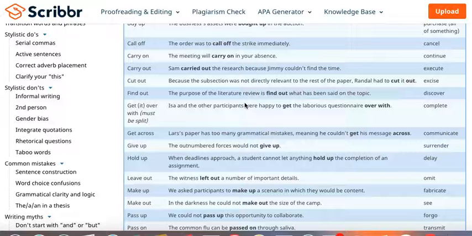Find out what has been said on the topic. Okay. Sometimes you find little mistakes on the internet. Let's read that again. The purpose of the literature review is to find out what has been said on the topic. Find out. One word substitute. Discover.